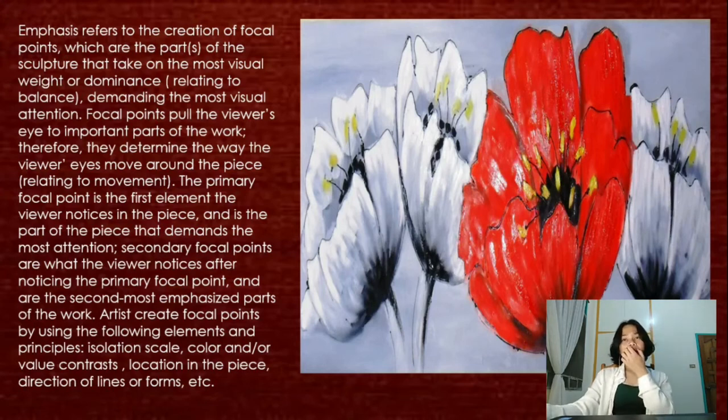Even same sila og structure, same sila og kanang paghimo tungod upat ka flowers, but kung ato jud siyang i-focus, mas ma-attract ta sa red flower. So, mao na siya ang ginatawag na focal points. Kay even same sila og structure, ang wavelength, ang balance sa pag-draw, but the focal points is ang maka-attract sa to ang eyes.